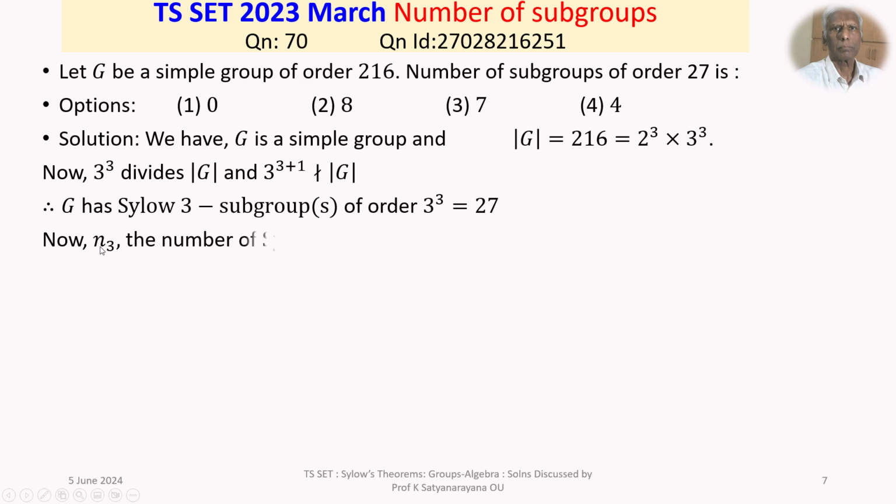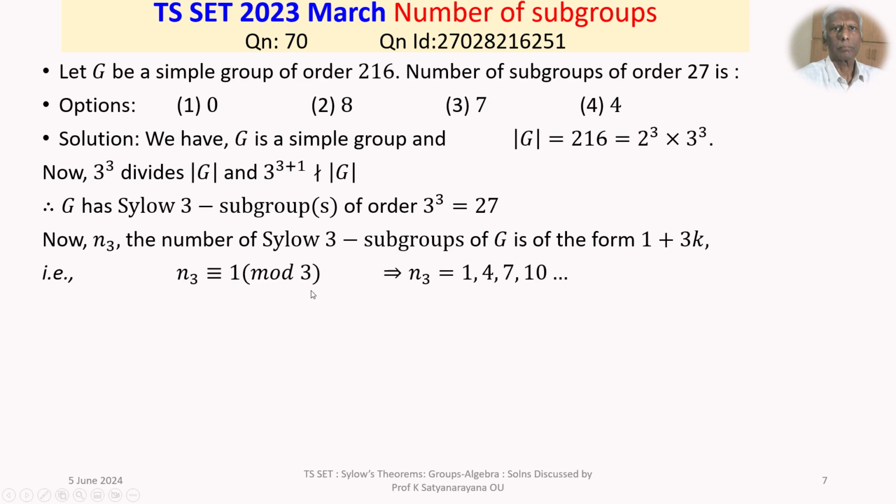And now N3, the number of Sylow 3 subgroups of G, is of the form 1 plus 3k, that is N3 is congruent to 1 mod 3, and this will give you N3 is 1, 4, 7, 10, etc. It goes on.